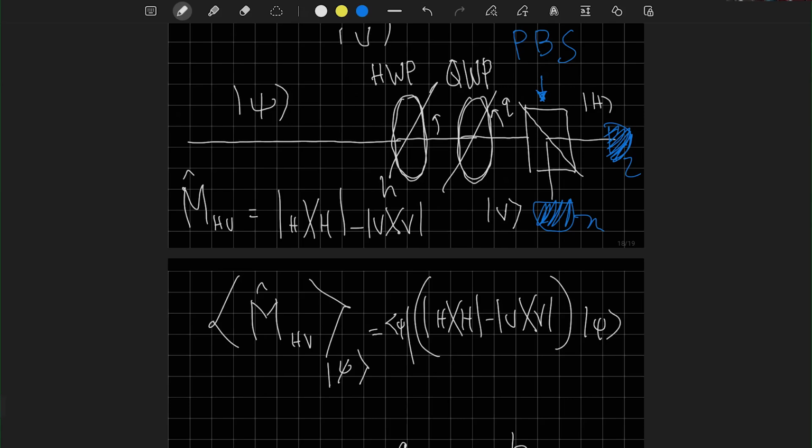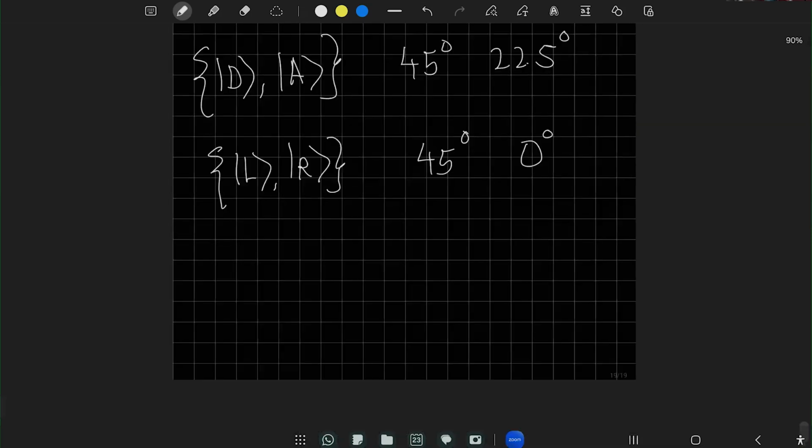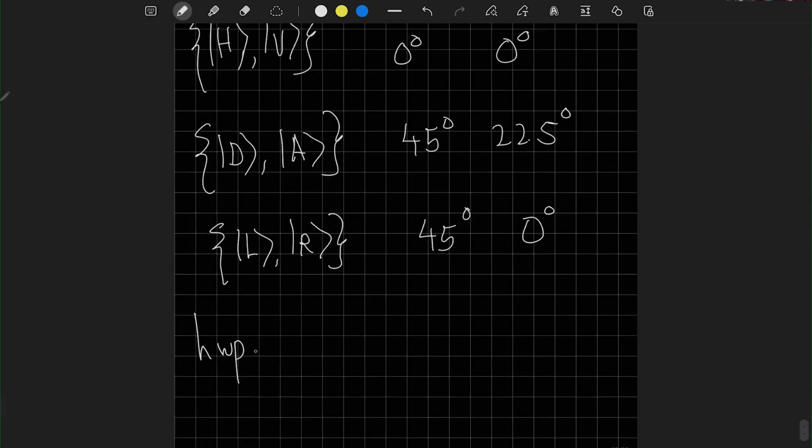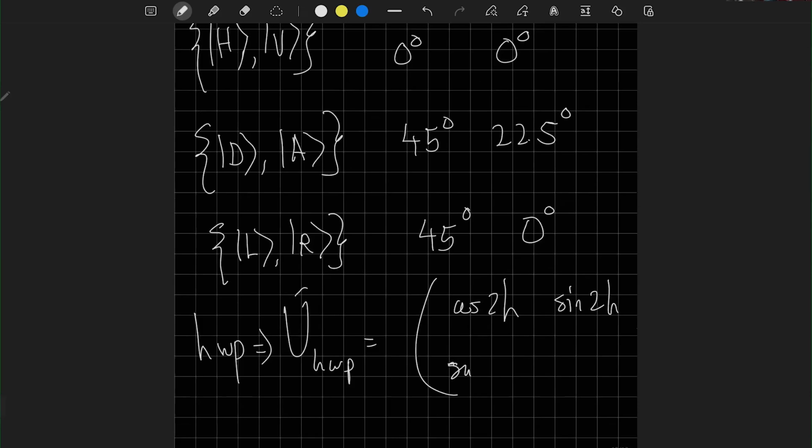So my half wave plate, the unitary matrix for this will be, I think, cosine 2h, sine 2h, and I think I've written minus sine 2h, or sine 2h. So they can correspond to a Hadamard gate for a specific angle. Only for a specific angle. The best way to implement a Hadamard gate is with beam splitters.